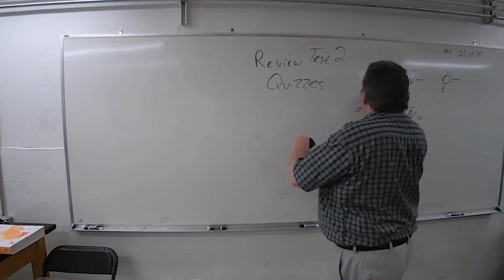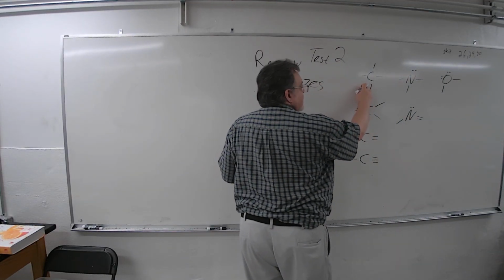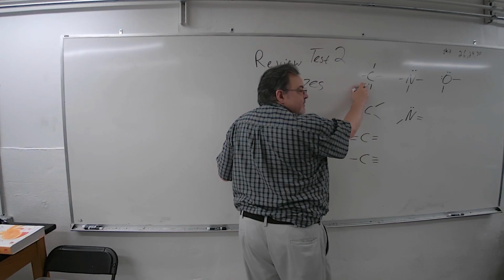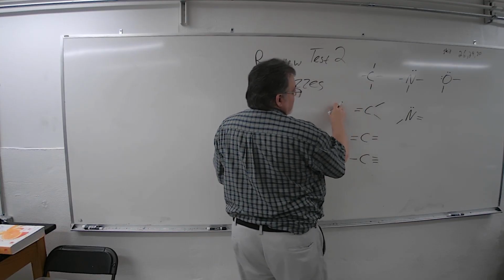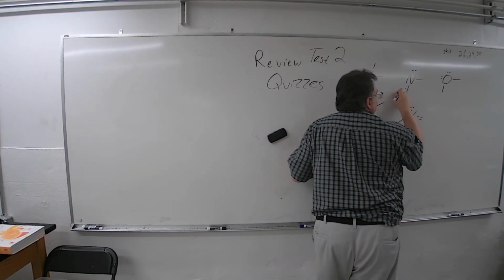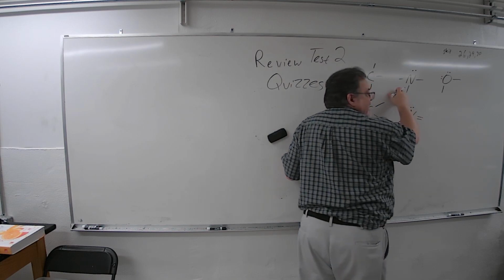All right, so what is this shape? 4 different things around it. Tetrahedral. Well, let's do this one first. It's got 4 things around it.